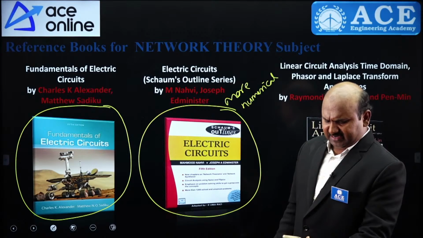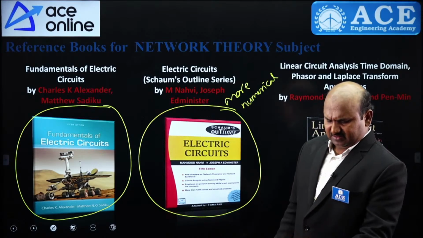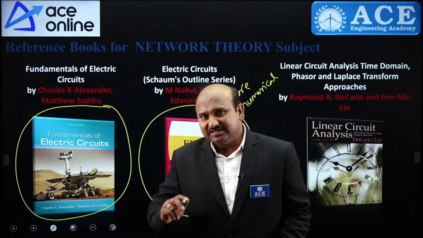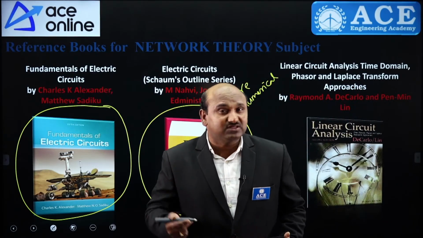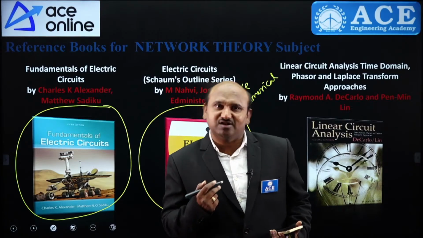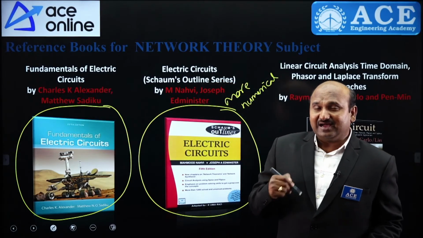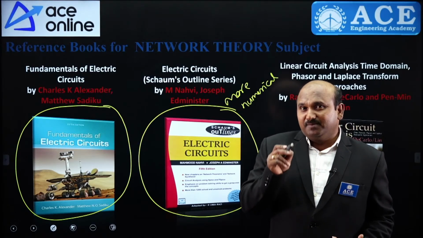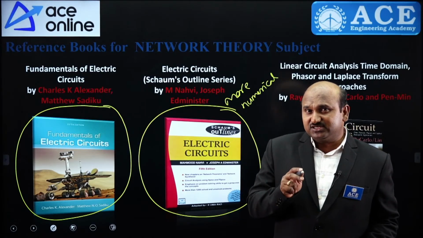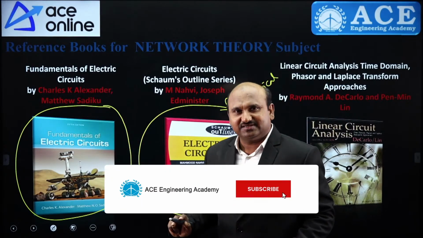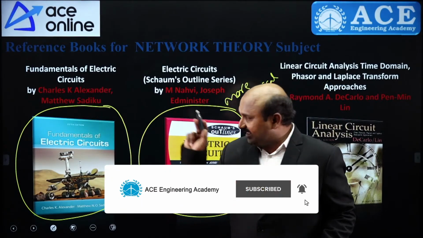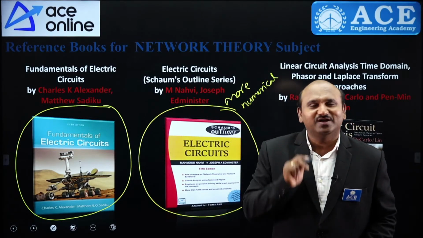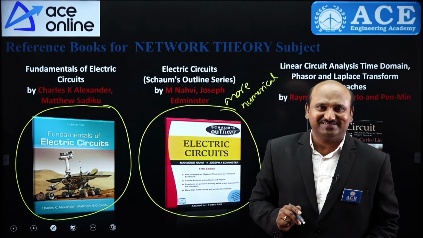Van Valkenburg is good, no doubt in that. Van Valkenburg is the more theoretical part. More questions are also there. But concept wise, if you want more questions and want to prepare for GATE examinations only, then better to go for that. For ESC also, take this one as well as that. Because the GATE examination has highly numerical questions.